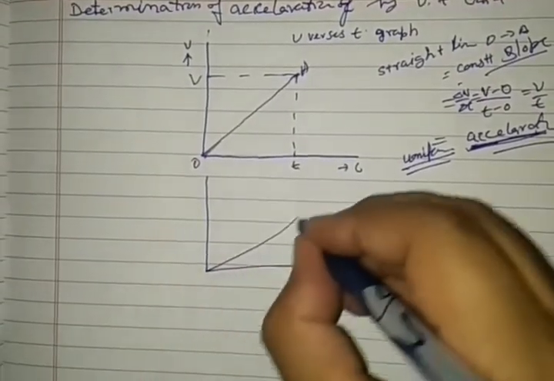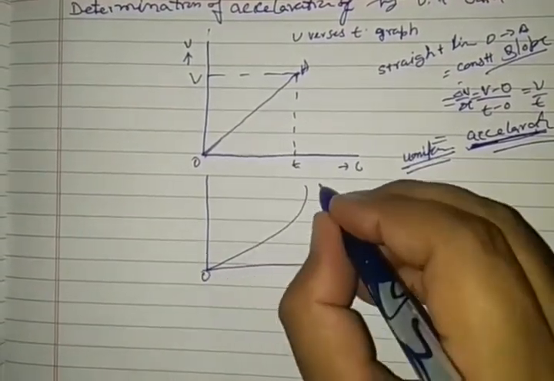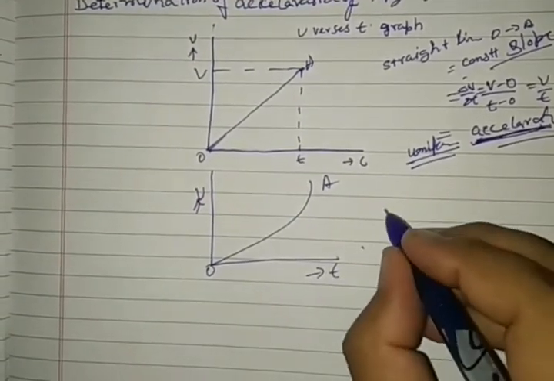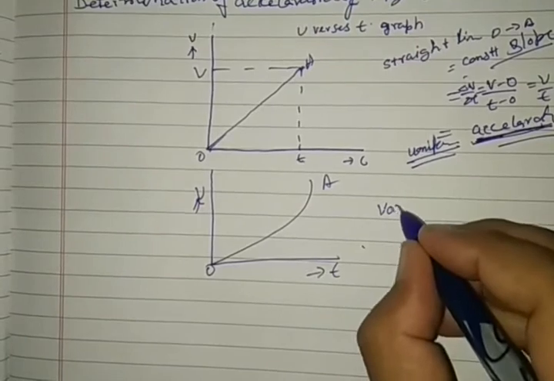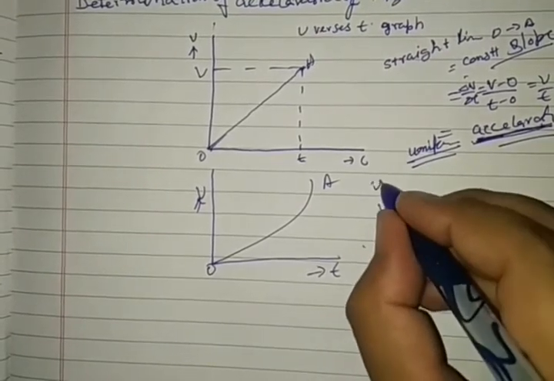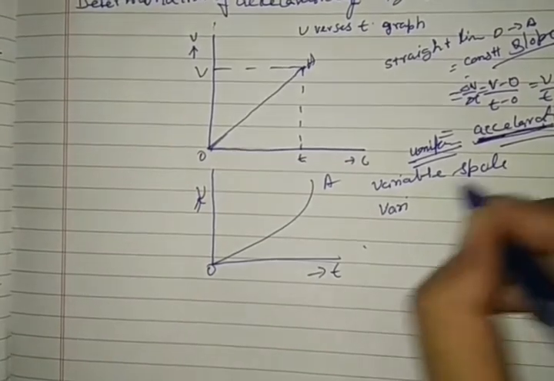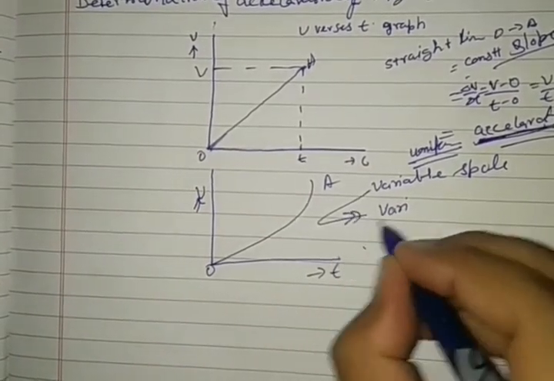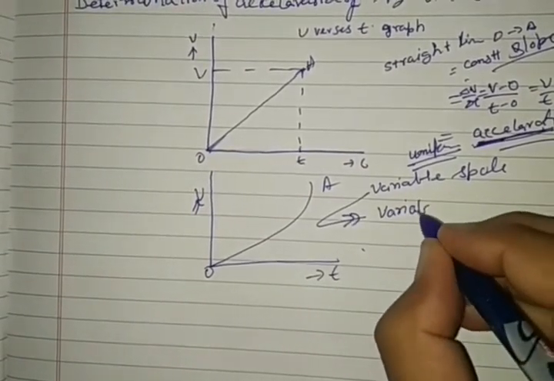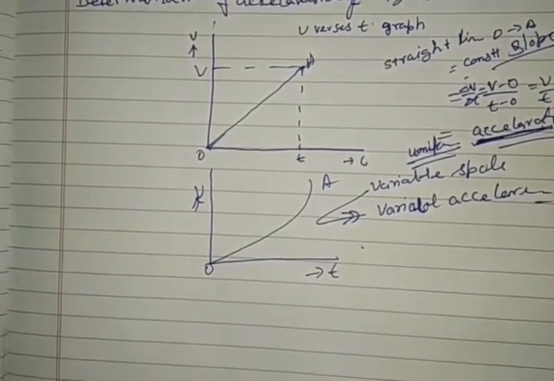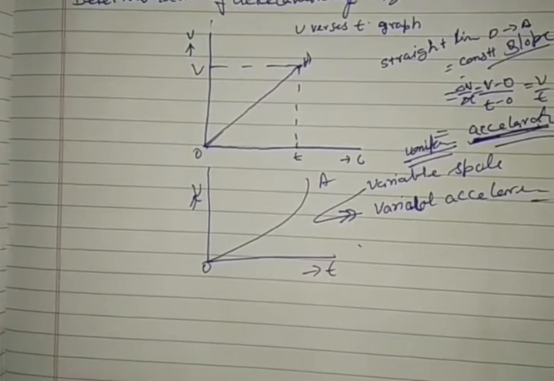If it is a curved line between O to A in the velocity time curve, it means variable slope. Emphasize that: variable acceleration. So be careful.